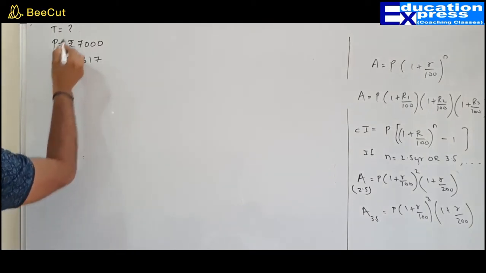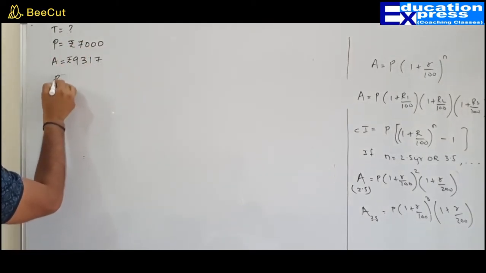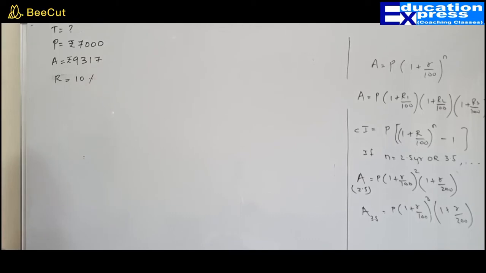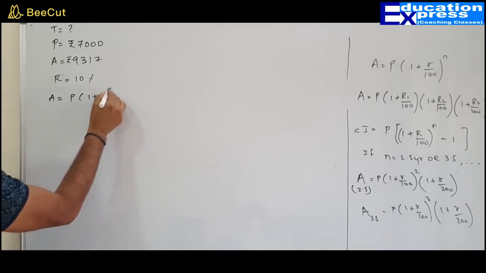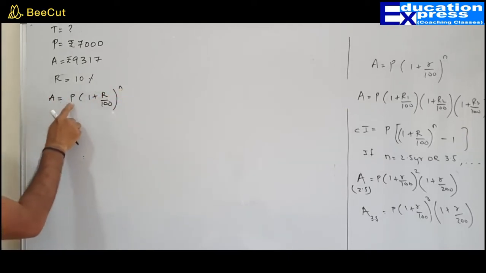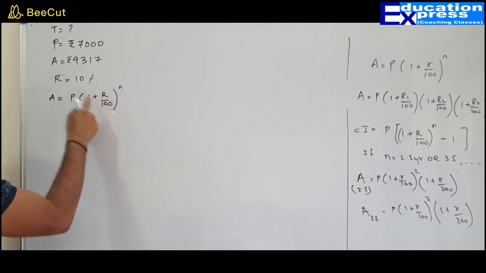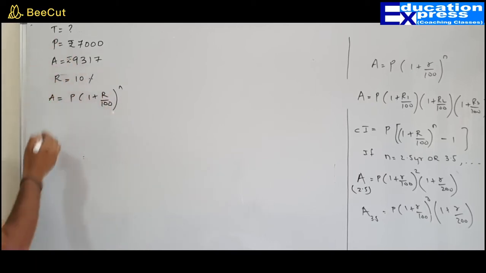In how many years? Not given to you. What is the rate of interest? Sir, 10%. So basically again we are going to adopt formula number 1. A equals P (1 plus R upon 100) raised to n. Out of these 4 parameters, 3 parameters are available. We can find the fourth one.